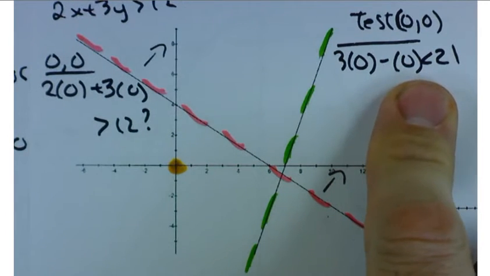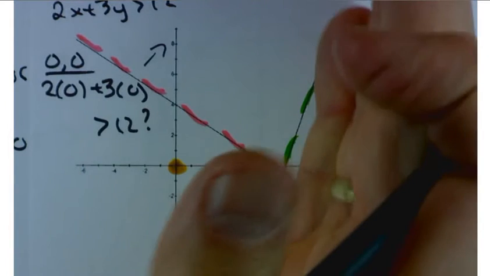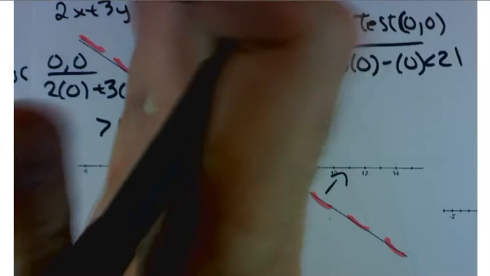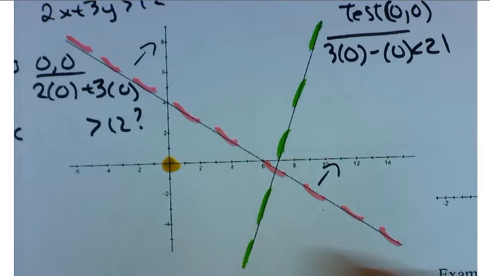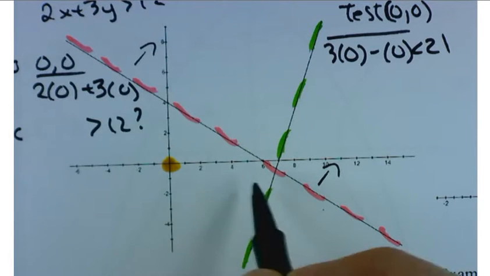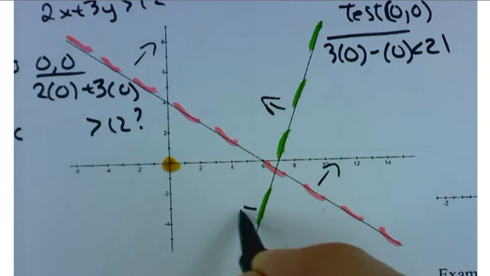Is that true or false? True. So do I want to shade the side below to the right or above to the left of this line? Well, this made it true, so I want to shade up here.